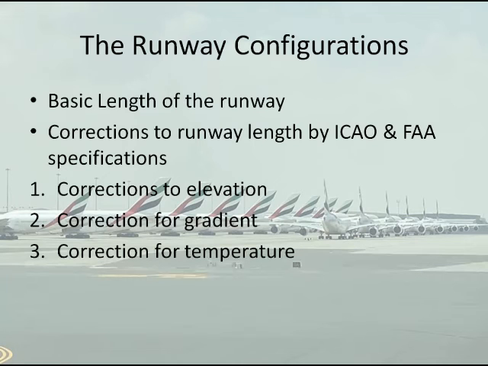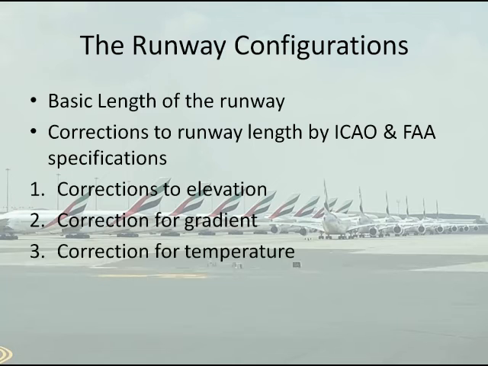The first one is the correction for elevation. As per the recommendation of ICAO, the basic runway length should be increased at the rate of 7% per 300 meter rise in elevation. This is a very important point for calculation of problems.